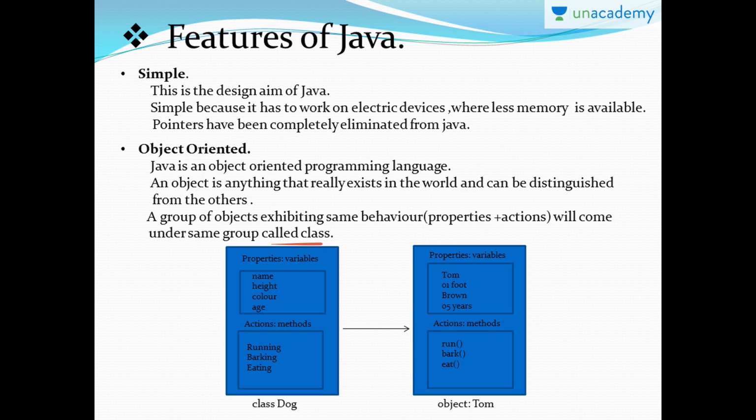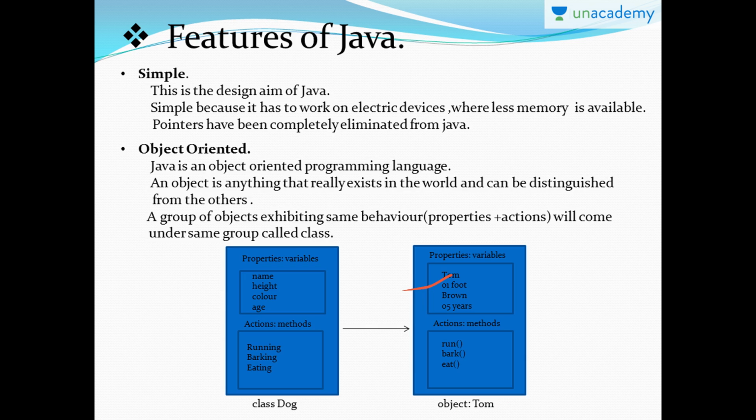This includes a class, which is called a group of objects exhibiting the same properties and actions. I said objects are really existing, and when these objects have the same properties and the same actions, they are called a class. Here is a simple example. I took class as a dog and object as Tom, because it can be any object. As I gave the name Tom, it is there.